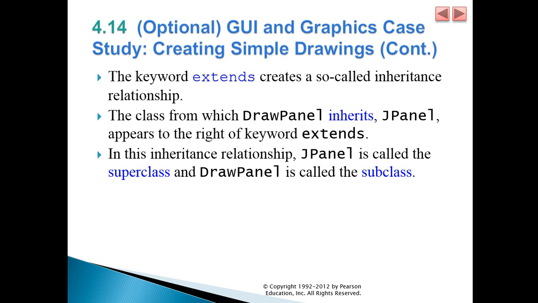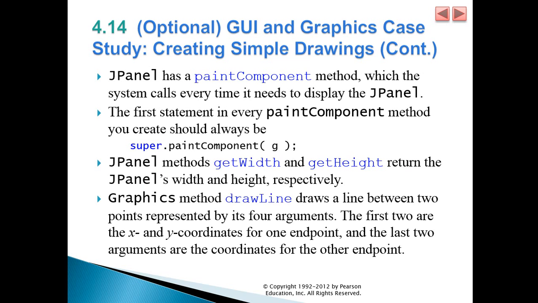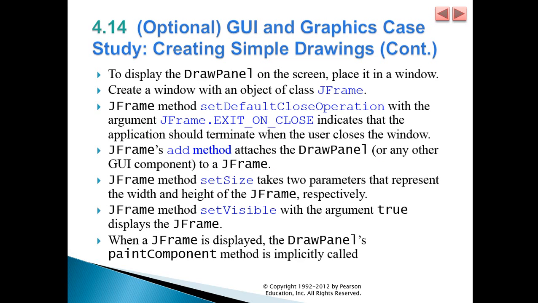Keep in mind that the keyword extends is what we call inheritance, and that you really haven't done much inheritance yet, but you can do it in this simple case where you're just doing a draw panel and that inherits JPanel. The paintComponent method is the one that actually was overridden in this case, and we called the super for it, super.paintComponent, which called the upper class for paintComponent. And then we use the getHeight and the getWidth, and we draw a line between the 2 points.